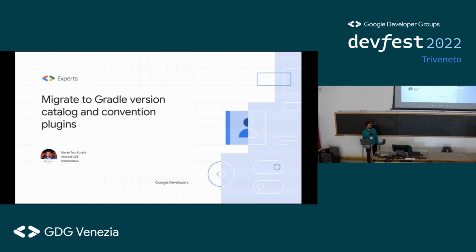So today's talk will be how to migrate and what steps we need to migrate to the Gradle version catalog and the convention plugins. Version catalog is popular and well known since January, but convention plugins were always kind of hard stuff.